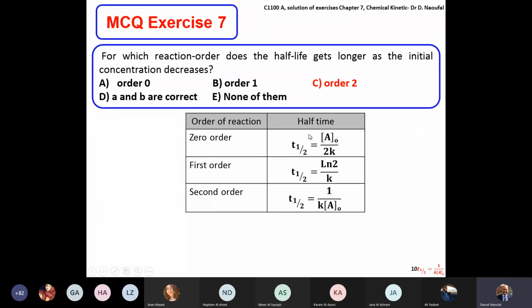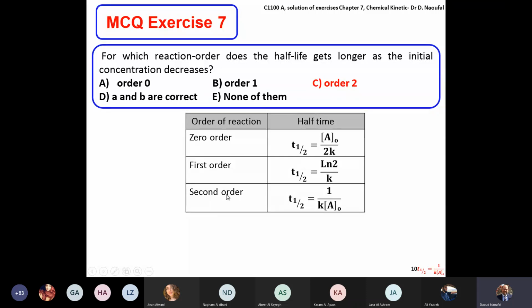Pay attention, these are the formulas of T-half obtained for a reaction of the type A gives product. As you observed, as the initial concentration of A increases between experiments, T-half increases. For first order, the T-half is independent of the initial concentration.